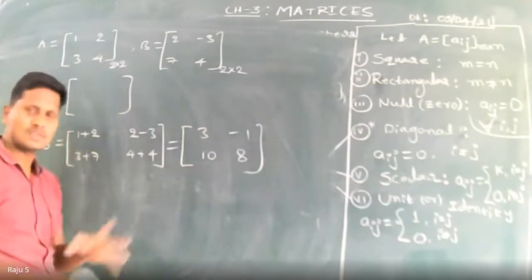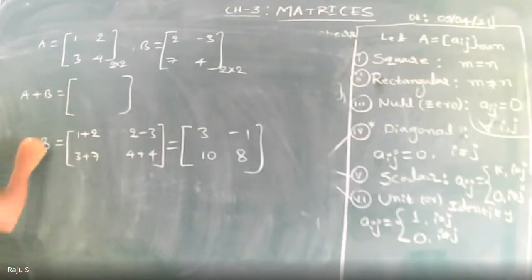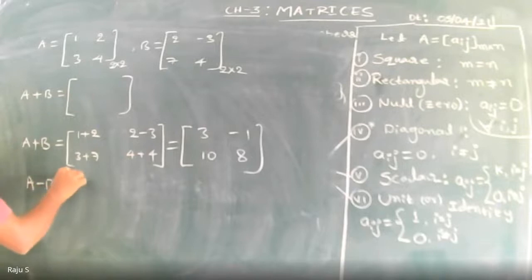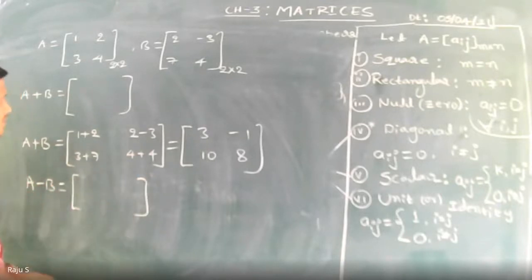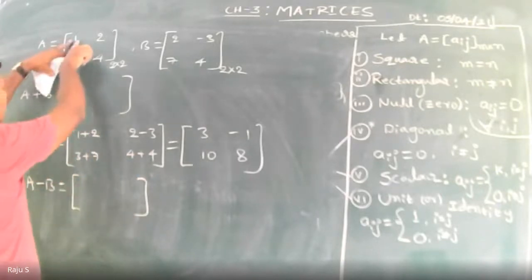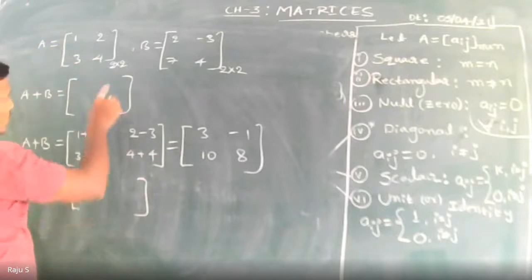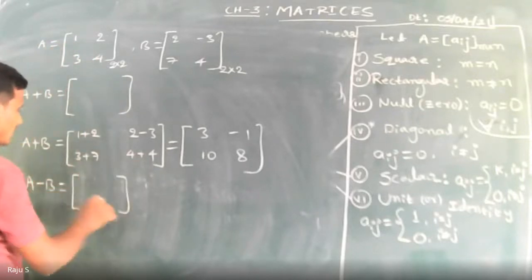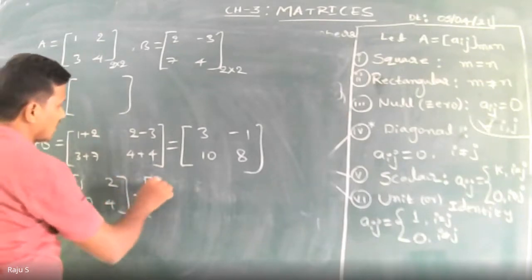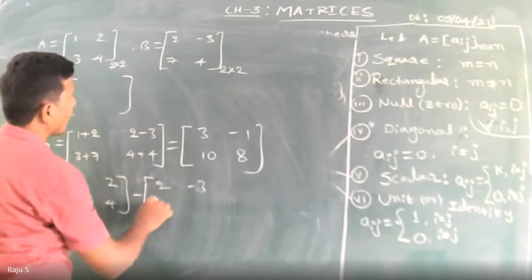So this is the addition of two matrices. Coming to subtraction, A minus B. Can you tell me directly what is A minus B? First write here the A matrix 1, 2, 3, 4, minus 2, minus 3, 7, 4.